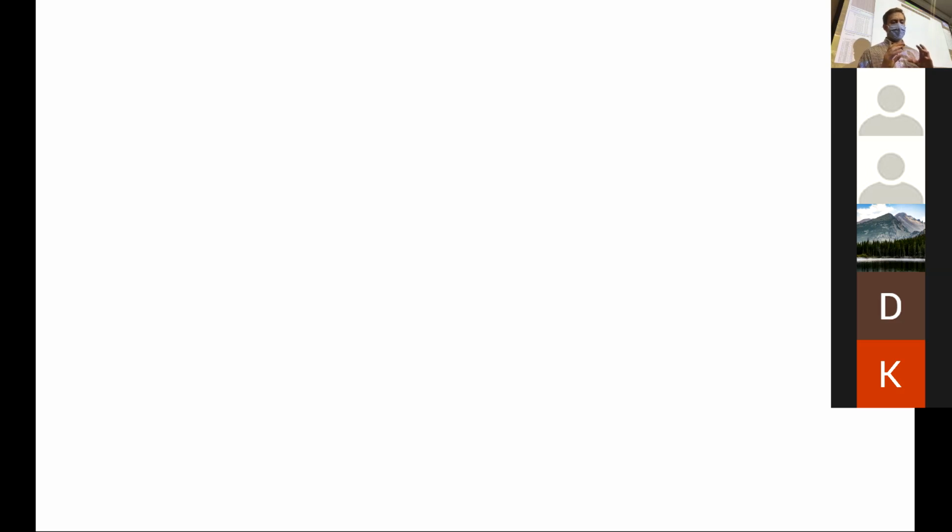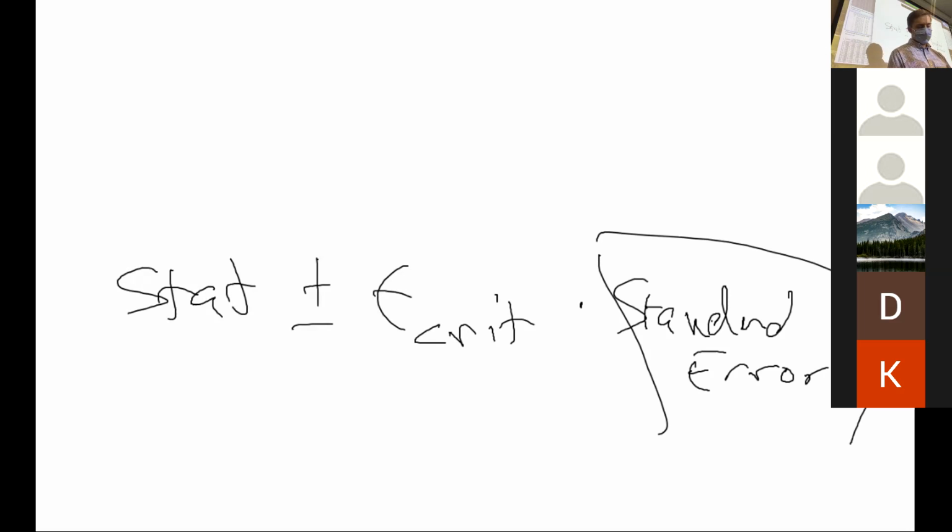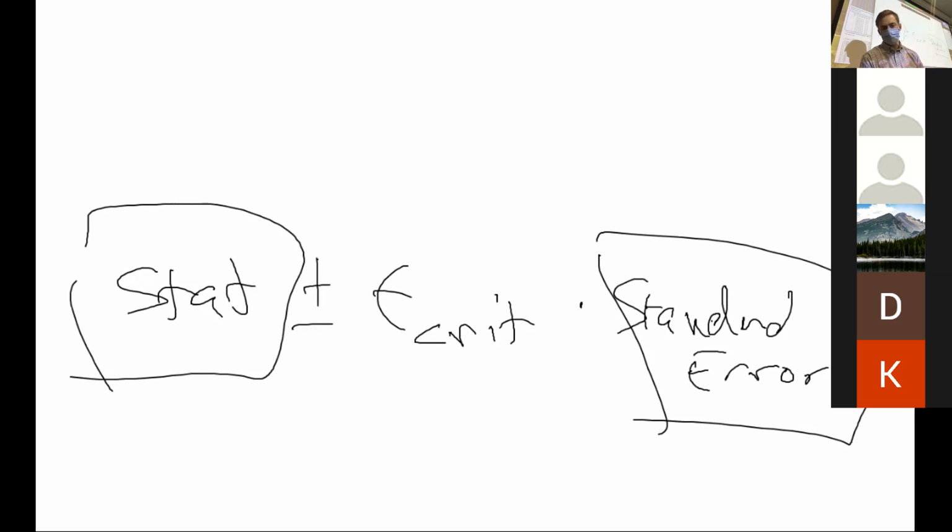Yeah, it's the same conceptual body, in that it's always the stat plus or minus the t crit times standard error. It's just, what does that standard error look like, and what does that statistic look like? It's going to be a little different depending on if you're doing repeated measures or independent measures.